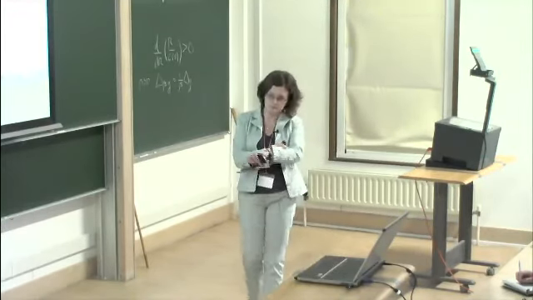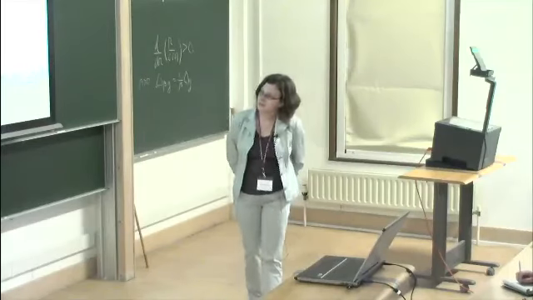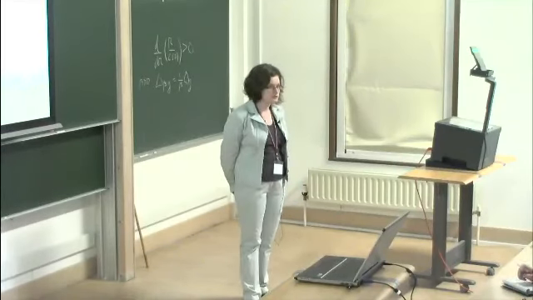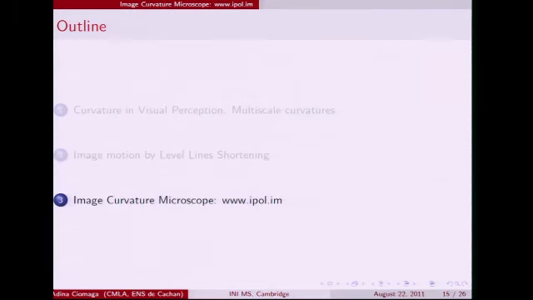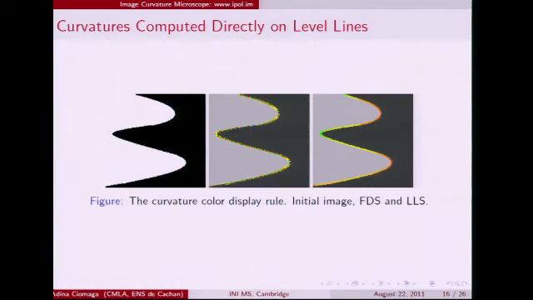Now, I will pass to the last part, which is the image curvature microscope, which I recall was our objective at the very beginning. So when searching into the literature a little bit, we found that curvatures mostly were computed based on finite difference schemes for the 2D differential operator. But the problem is we take into account the neighboring values of the pixels.